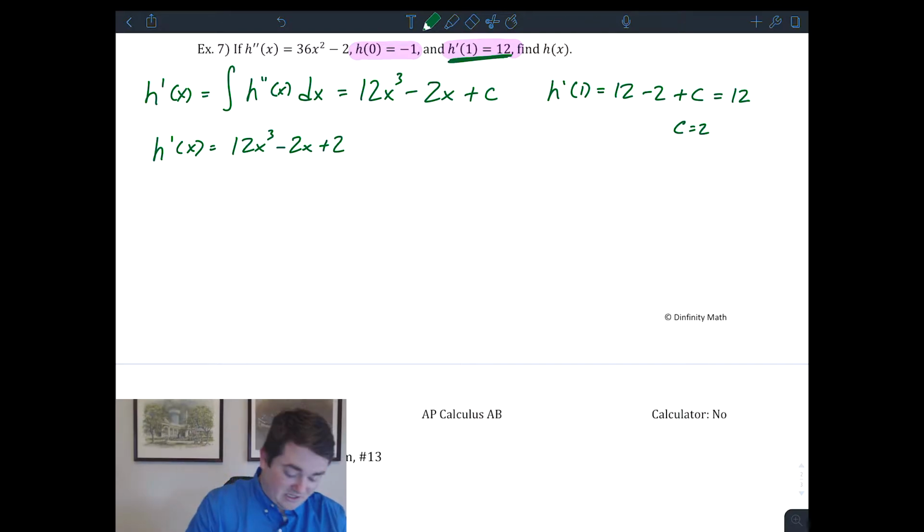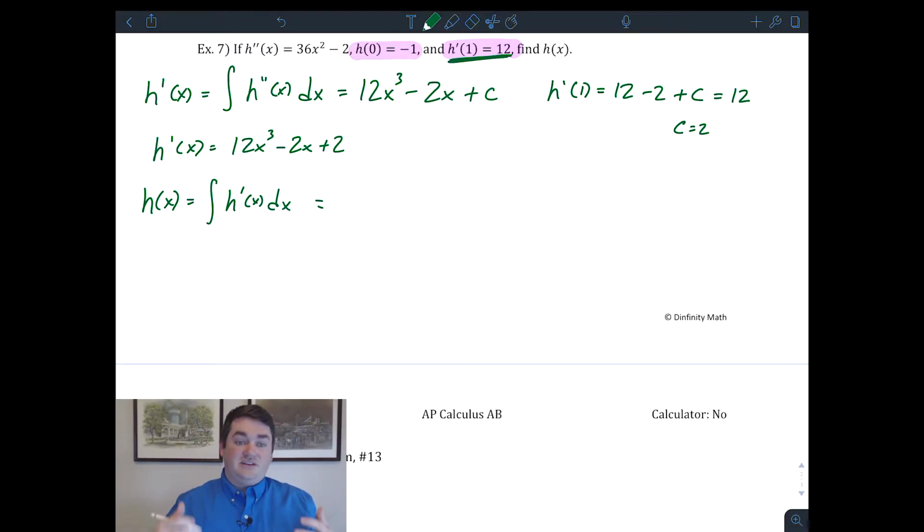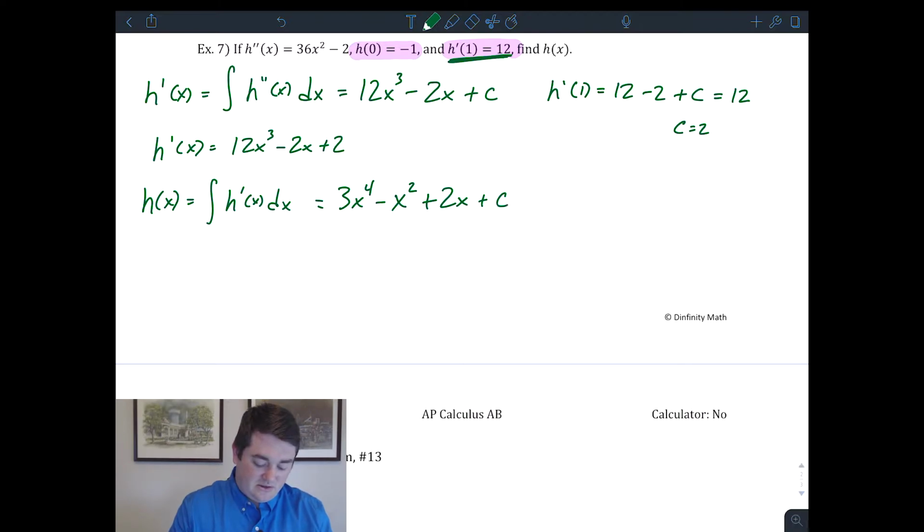And we take it another step. H of x is the antiderivative of h prime of x, which would be the antiderivative of 12x cubed, which would be 12x to the fourth divided by 4, so we'll call that 3x to the fourth, minus 2x squared over 2, we'll call that x squared, plus 2x plus c.